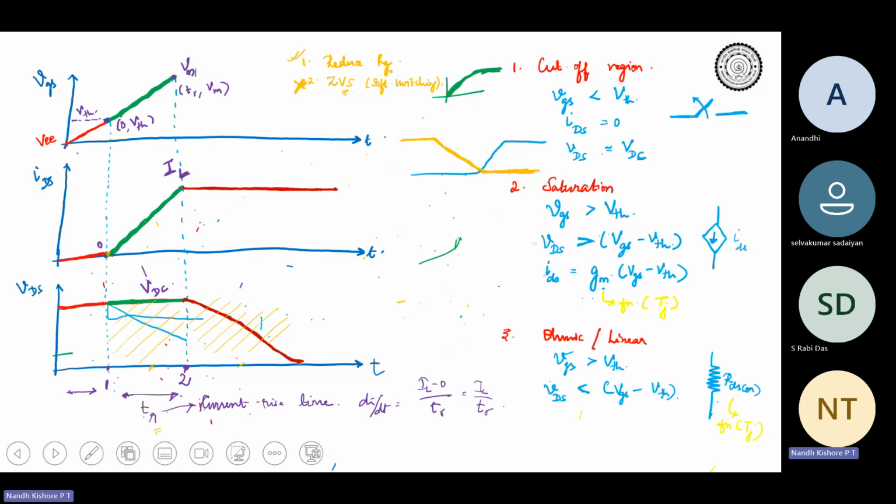So we were over here, where your VGS will increase from V threshold to V Miller. You can approximate this as a straight line and again find it out.